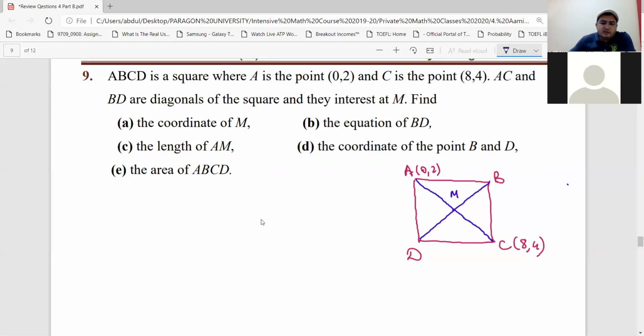Okay. Let's start with part A, the coordinates of M. How do you find the coordinates of M? What is A?